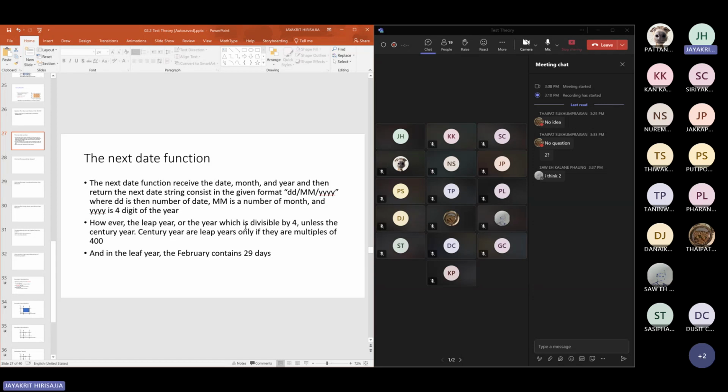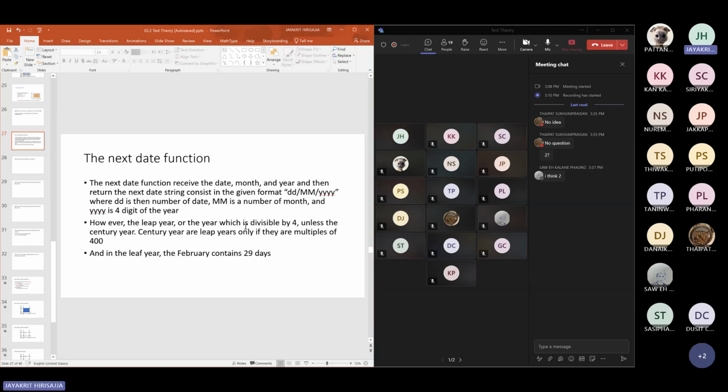But if it's the other kind of input, it can be any date, if you input a normal day, we will get the next date, whether it's a leap year or not. So we have to get the input, check the year, and return the date. That's it. We have two types of equivalent class: the input for normal year and the input for leap year.